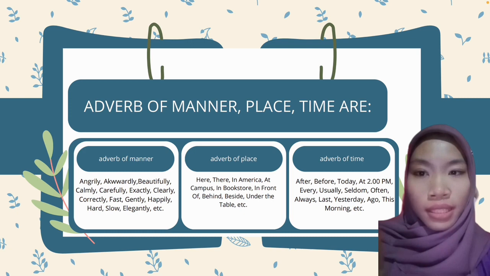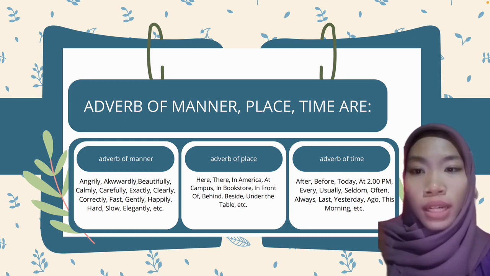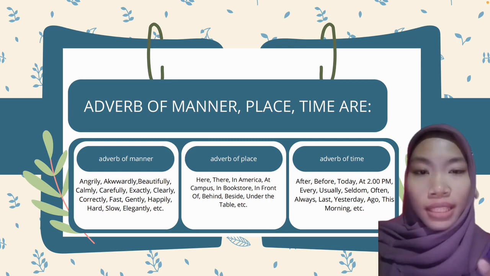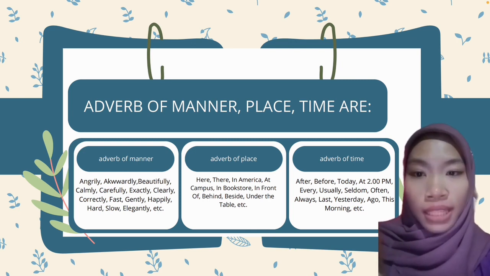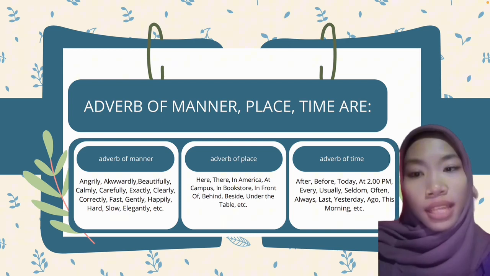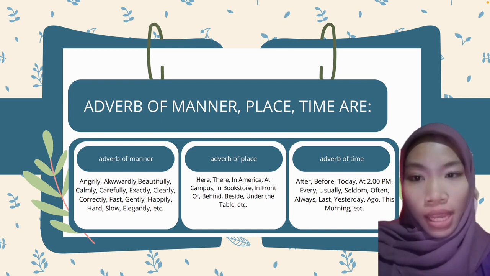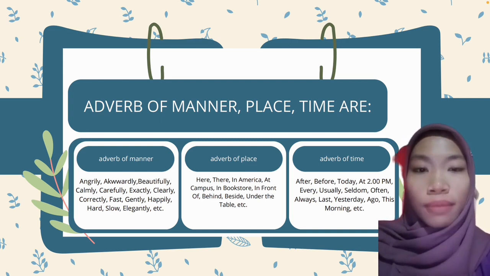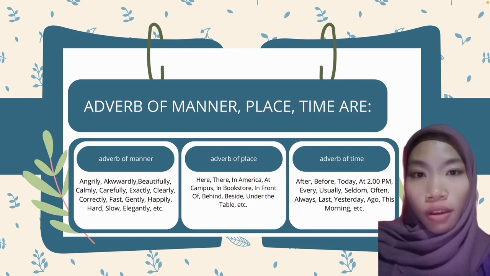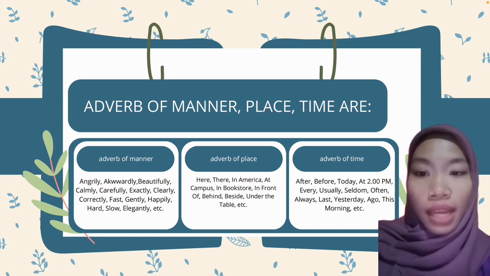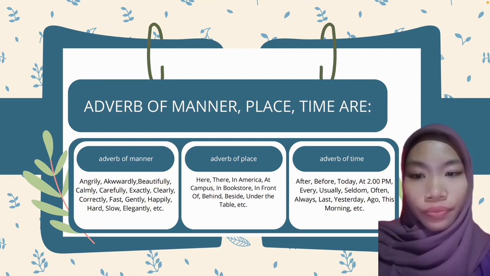Next is adverb of place. Adverb of place tells us where something happened. Examples are here, there, in America, at campus, in bookstore, in front of, behind, beside, and others. And the last is adverb of time.